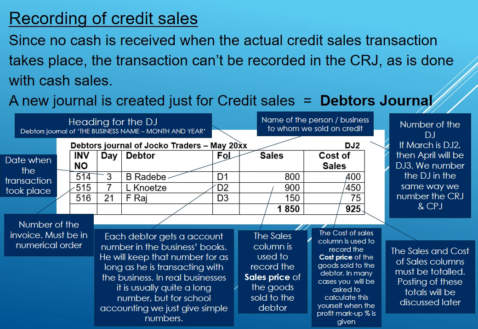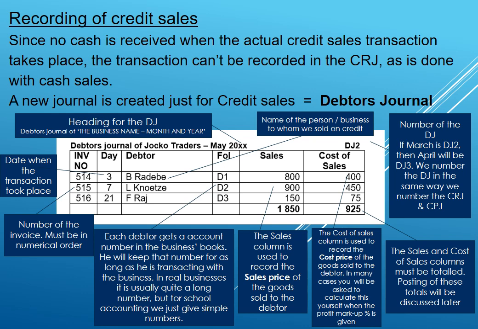Later on, we're going to look at the debtor returning stock. If something is wrong with the item he bought, we will use the same account number. If the debtor pays his debt at a later stage, we will use that same account number to record the transaction where the debtor has bought from us.